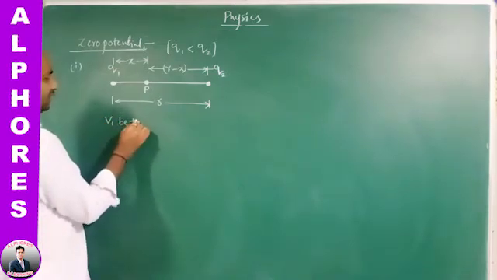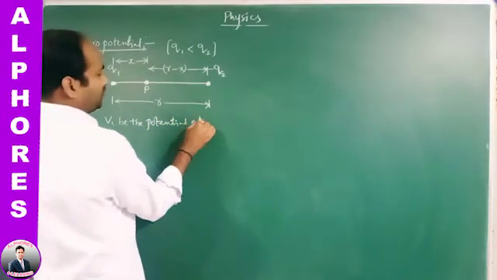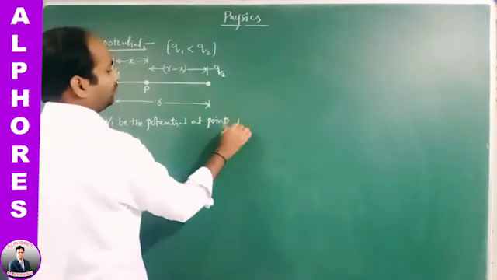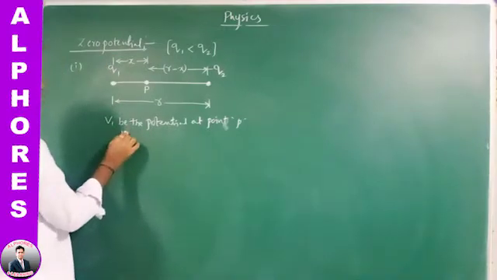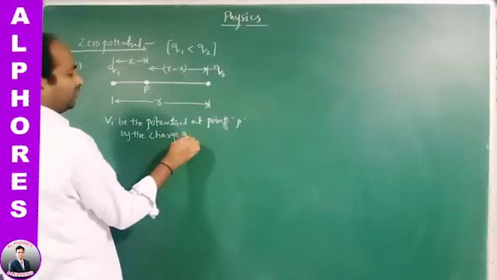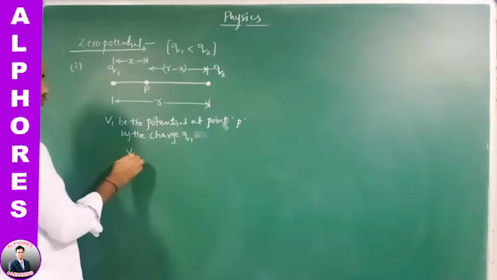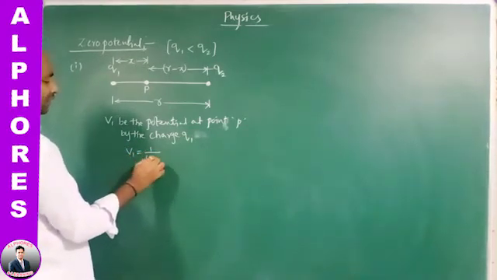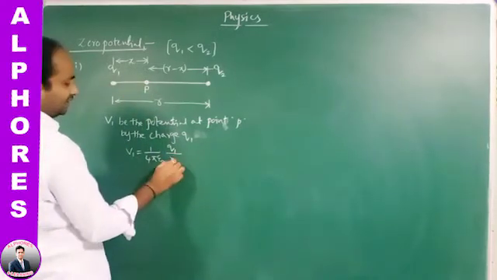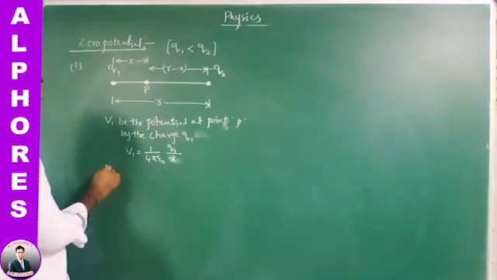V1 can be written as potential due to a point charge: 1 by 4 pi epsilon naught, Q1 is the charge, and the distance is x here.